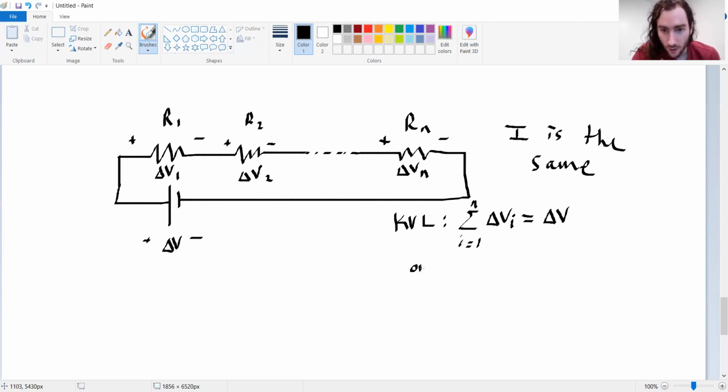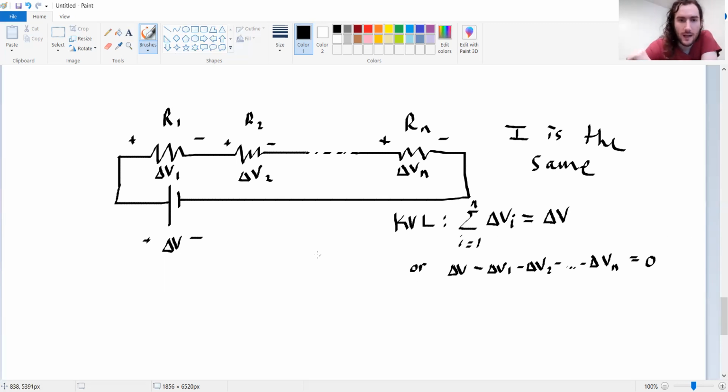So we could write that as well, or delta V minus delta V1 minus delta V2 minus dot, dot, dot, minus delta Vn equals 0. So that's another way of applying Kirchhoff's voltage law there. Same exact equation, just rearranged slightly.